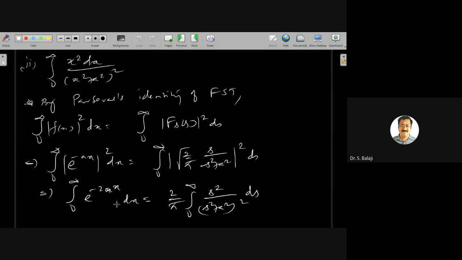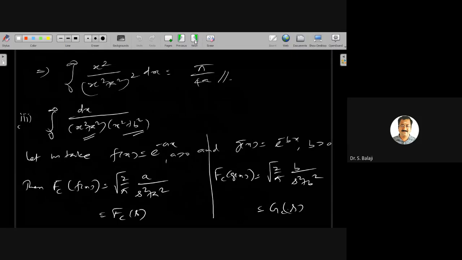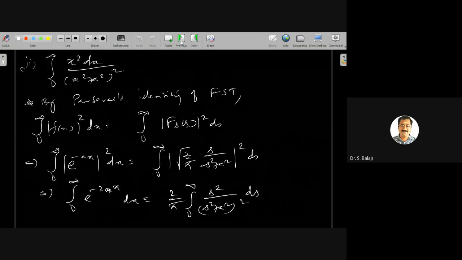So integral 0 to infinity e power minus 2ax dx equals 2 by pi times integral of s square by (s square plus a square) whole square ds. Because everything is a real function, it is the ordinary square only. Then integrate here.